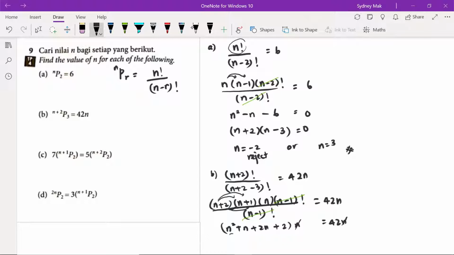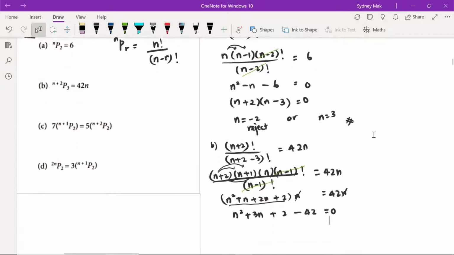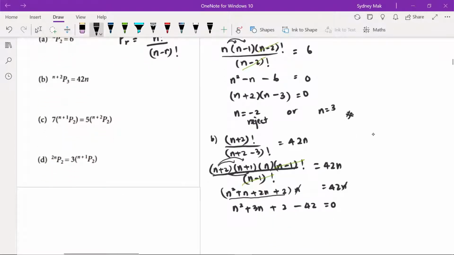So n squared plus n plus 2n plus 2, which is n squared plus 3n plus 2, equals 42. So bring the 42 over, minus 42. Okay, so with that, we simplify before we factorize. We will have n squared plus 3n minus 40 equals 0.